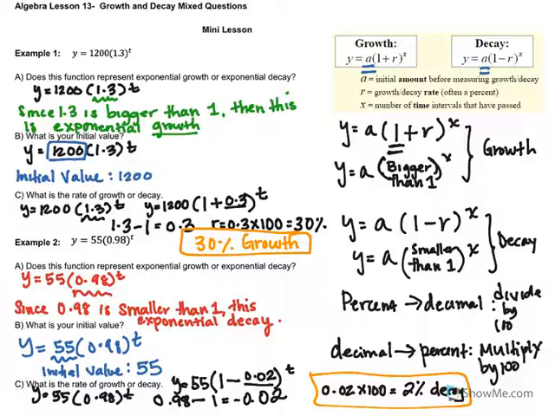And to figure out your rate of growth or decay, you're going to take whatever's inside of your parentheses, subtract 1, and whatever you get, you're going to multiply it by 100 to get your percent of growth or decay. You can go over these examples once again. Just rewind the video and make sure you take your time going through these examples so that you know what you're doing throughout your task.